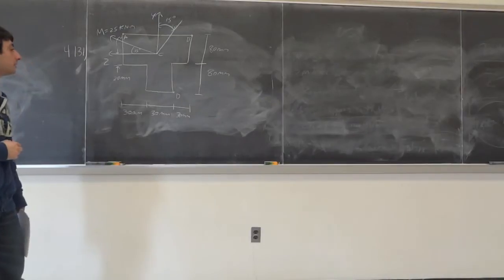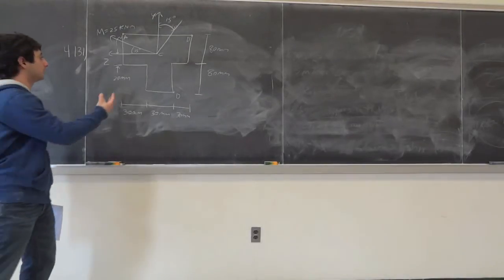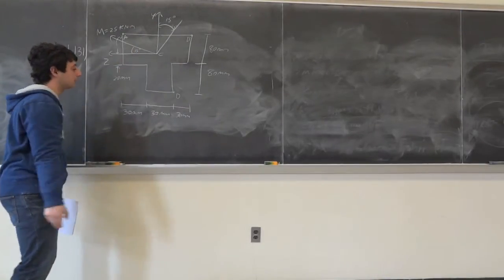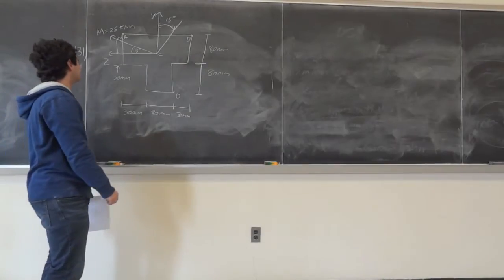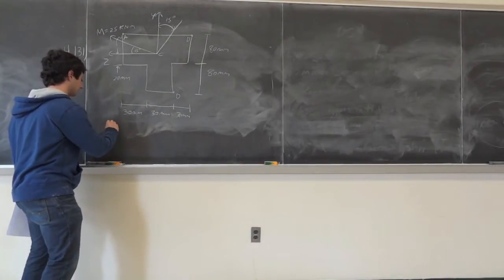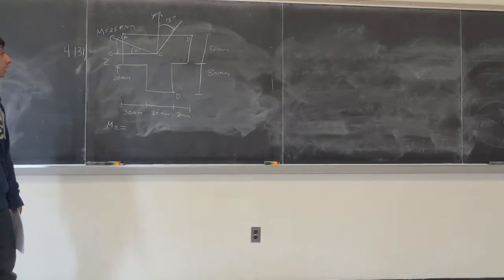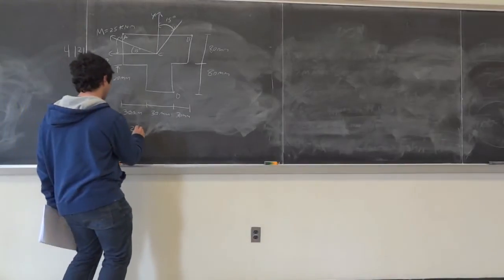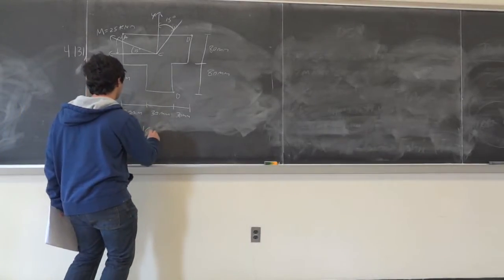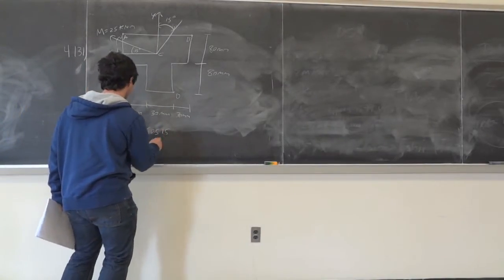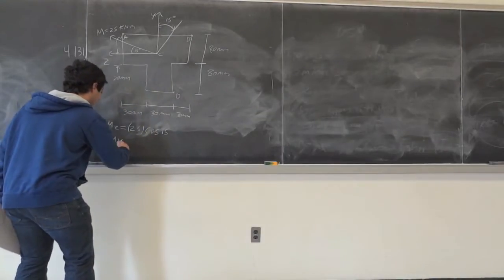All right. So what you have to do is break up this moment into its z and y components. So what's the moment around the z-axis? What's Mz? It's 25 times the cosine of 15. Yeah, you're right. So what's My?